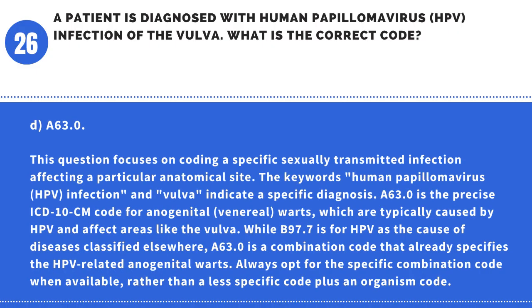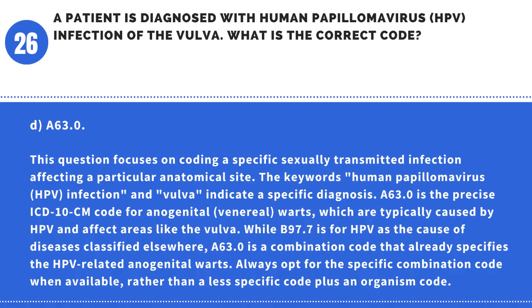Answer D. A63-0. This question focuses on coding a specific sexually transmitted infection affecting a particular anatomical site. The keywords human papillomavirus, HPV, infection, and vulva indicate a specific diagnosis. A63-0 is the precise ICD-10-CM code for anogenital venereal warts, which are typically caused by HPV and affect areas like the vulva.